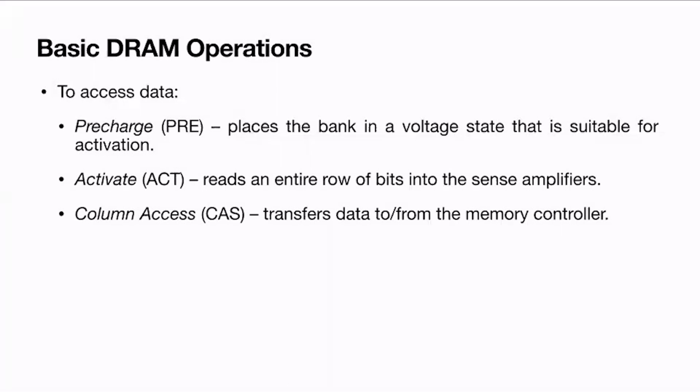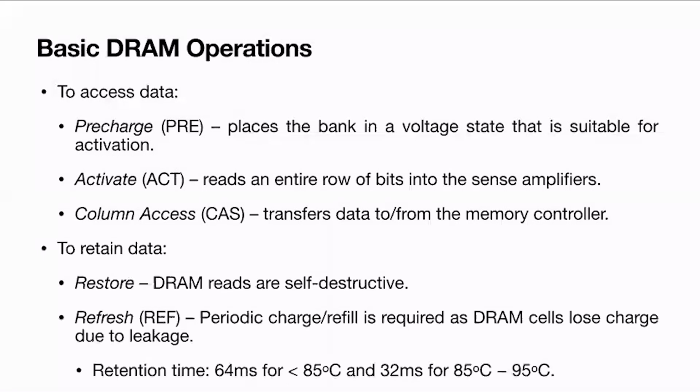And that needs to be done. That is another important operation. So to retain the data, we are going to perform a refresh operation at regular intervals. This refresh rate depends on the temperature of the DIMM. If the temperature rises above 85 degrees centigrade, the capacitors are going to leak at a much faster rate.